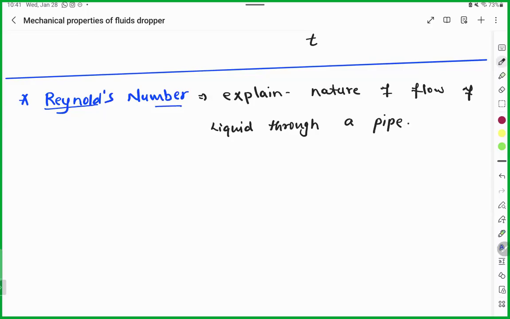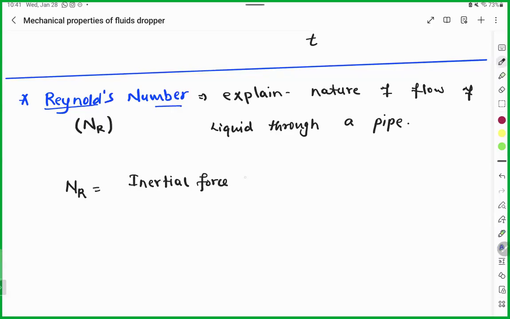Okay. Here we are representing the Reynolds number, N_R, where R means Reynolds. This Reynolds number tells us the ratio of inertial force per unit area to viscous force per unit area.